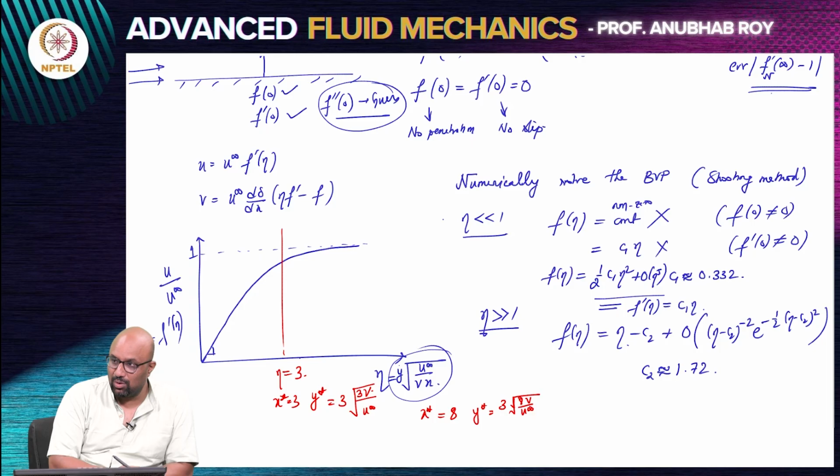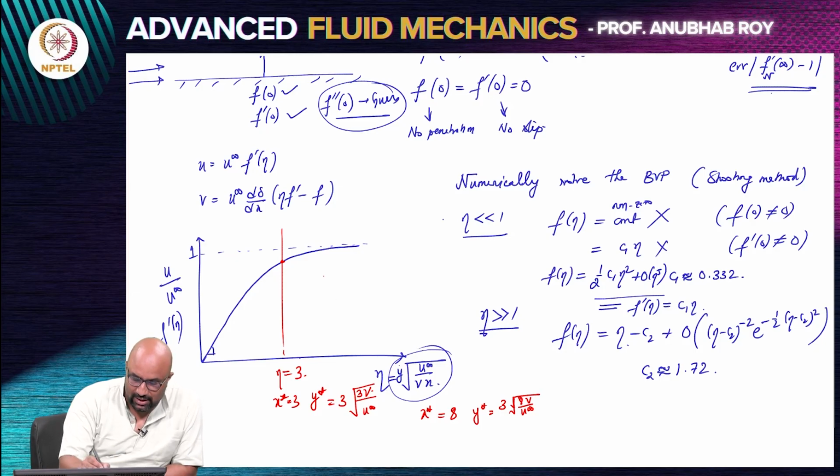Both have the same value of eta, which means the streamwise velocity is the same. That means as you go further and further downstream, you are going to encounter the same streamwise velocity at a higher height, right.